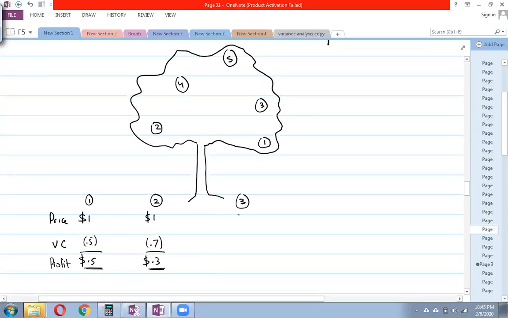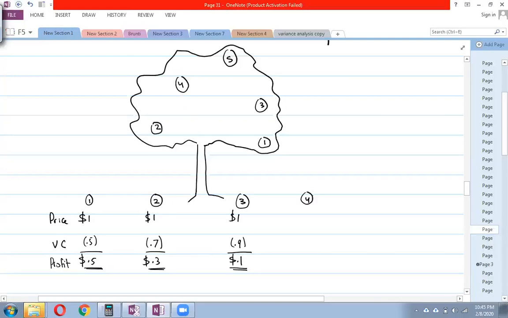The price is still $1, but it's still further higher, so the cost will further increase. Let's say, for example, it is $0.9. So how much will be the profit? $0.1.